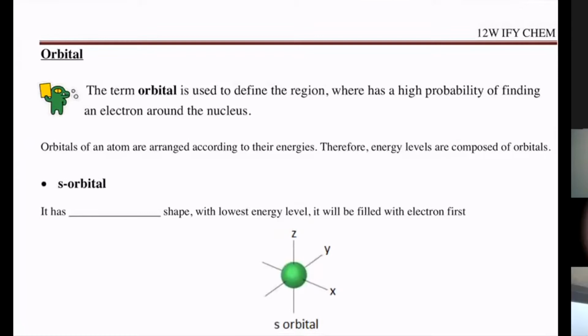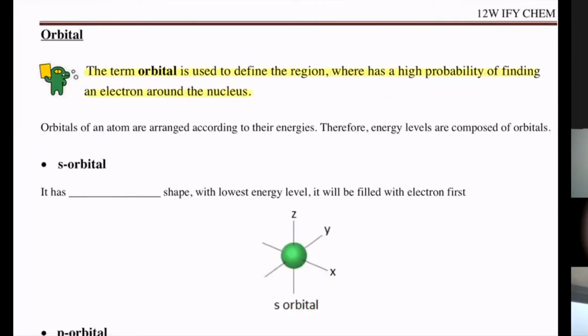So what does orbital mean? You must remember the whole sentence. The term orbital is used to define the region where there is a high probability of finding an electron around the nucleus. So it's describing the region where we could find the electron.